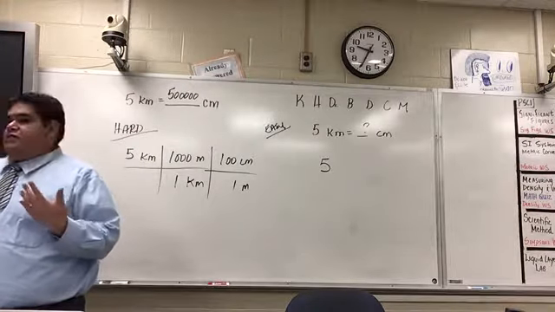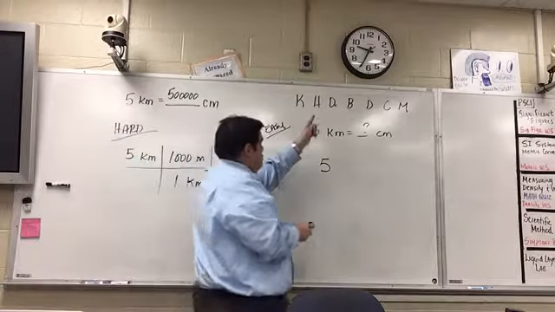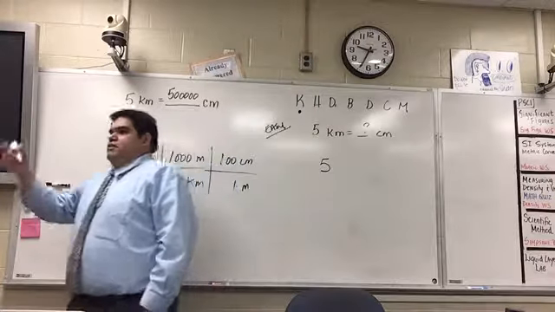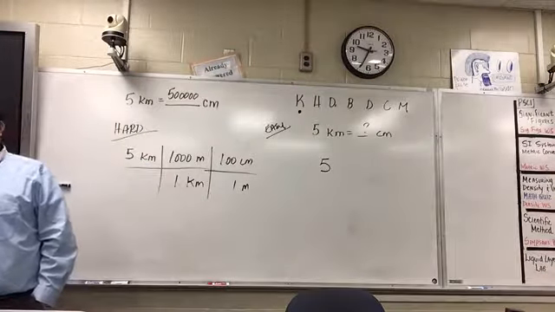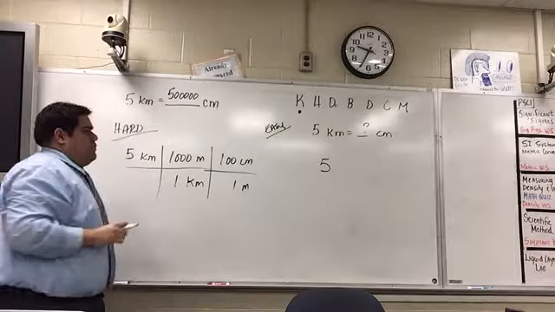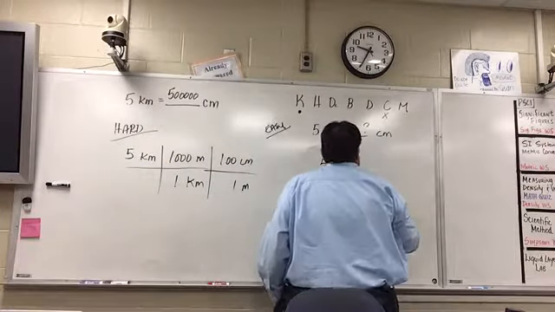According to the problem, what's the prefix that I started with? Kilo. Which one of these letters up here stands for kilo? Okay, so there's my dot to start, right? The problem wants me to convert to what prefix? Centi. So therefore, which letter up there represents centi? C. So I'm going to put an X, because that's my target.